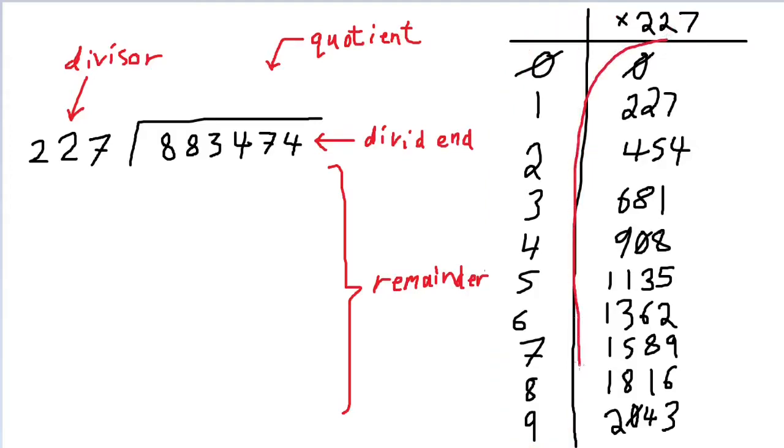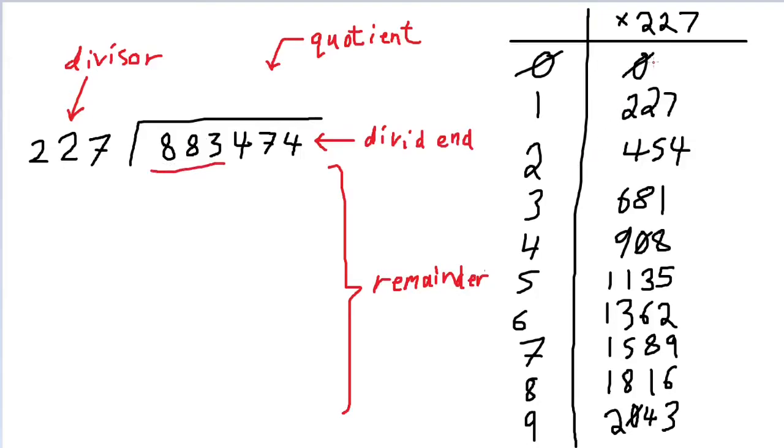And on the right hand side, we have the multiples of these numbers and the divisor. Now let's just start. So what is the greatest multiple of 227 that is still smaller than 883?